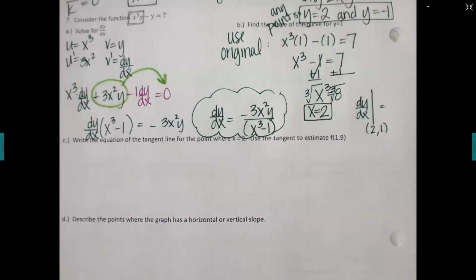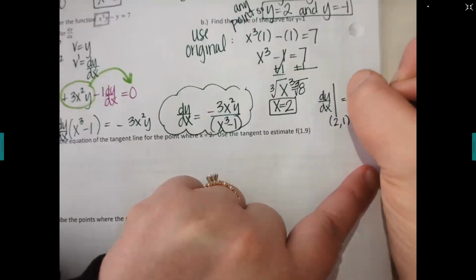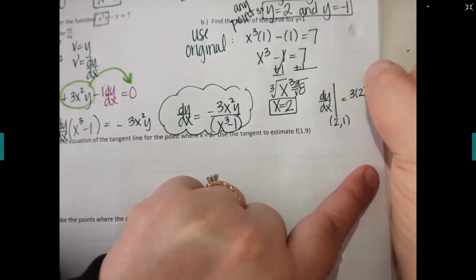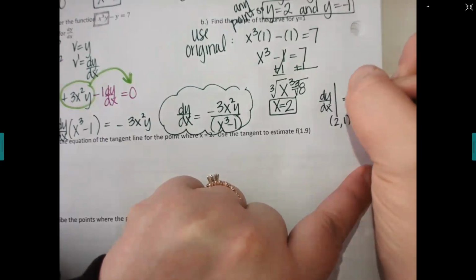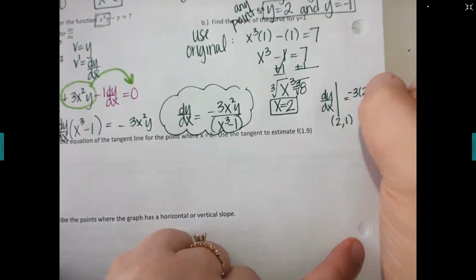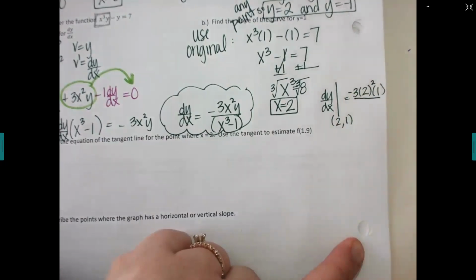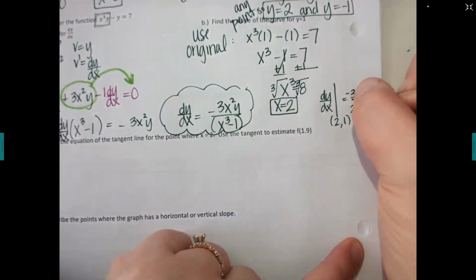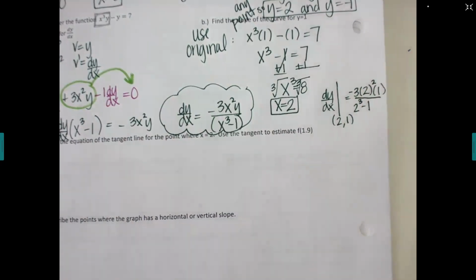Okay, so now let's look at our equation and sub those numbers in. It's a 3x squared y. So now it's a 2 squared y, and I believe there was a negative there as well. Okay, all divided by x cubed minus 1 would be 2 cubed minus 1.